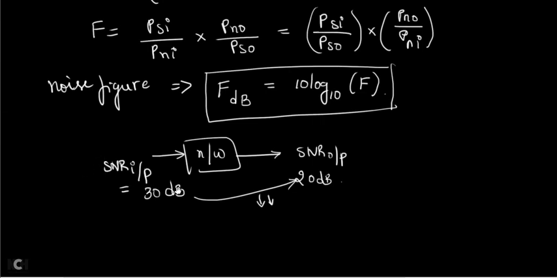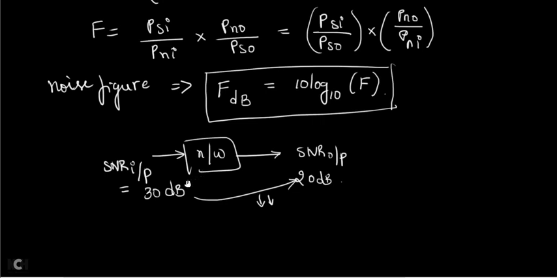So if the input is 30 dB and output is 20 dB, that means the SNR decreased, that means the noise is increased. So where is that increased noise added? Whatever noise increased from the input to output is added by your network or the circuit. So even the network will add some amount of noise. And how to measure the noise added by the network?